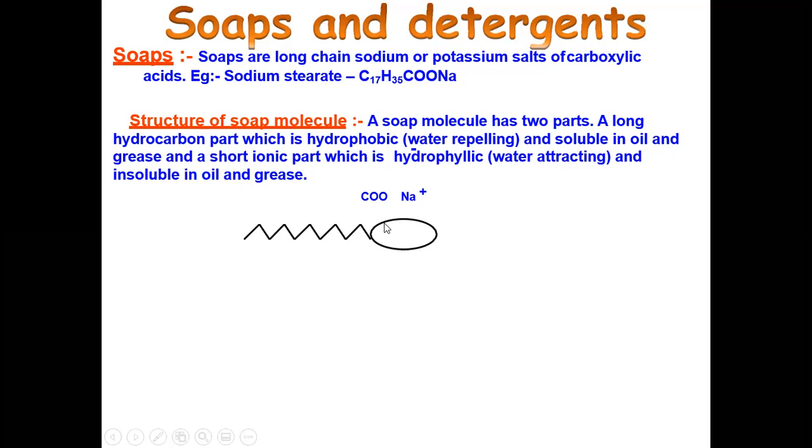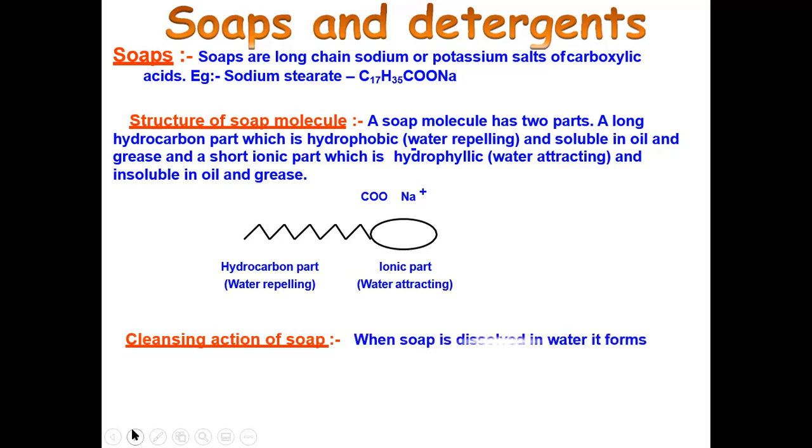This is a small part, this is a long part. This is the water repelling part, known as hydrophobic. This is the water attracting, ionic part, known as hydrophilic.